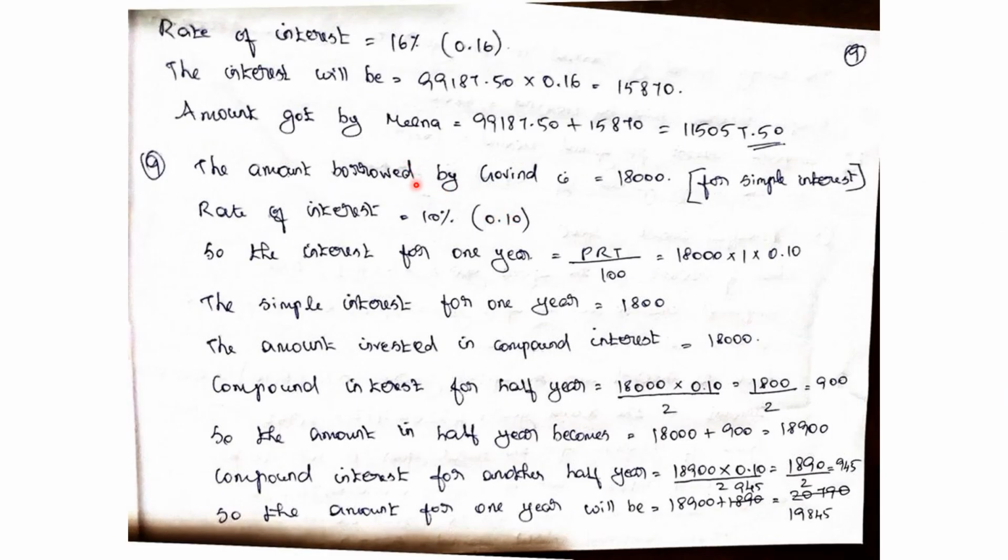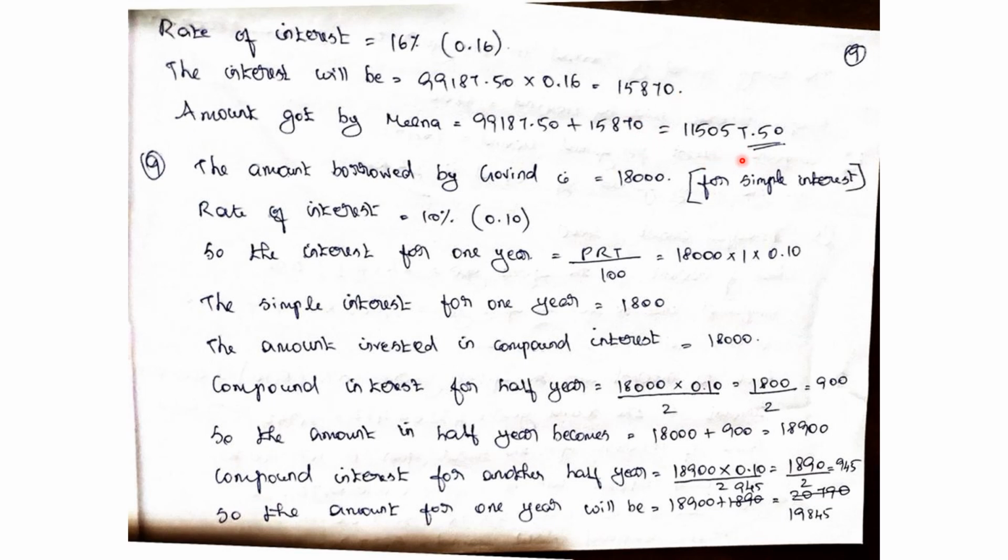Okay, for the third year, the interest is different. For the third year, the rate of interest is 16%, that is 0.16. So the interest will be 99,187.50 into 0.16. Interest will be 15,870. The amount got by Meenal is 99,187.50 plus 15,870.